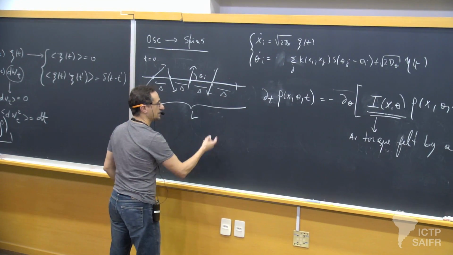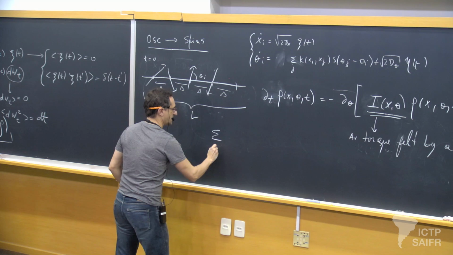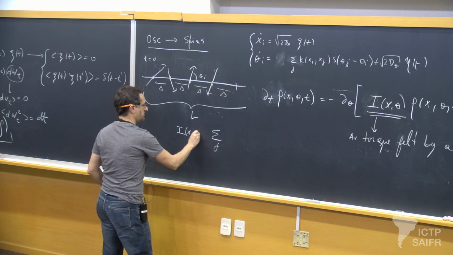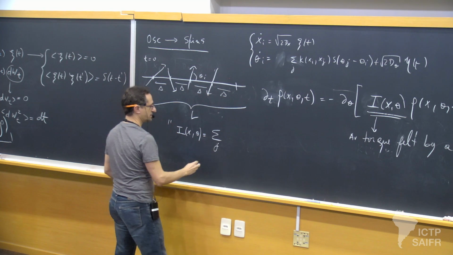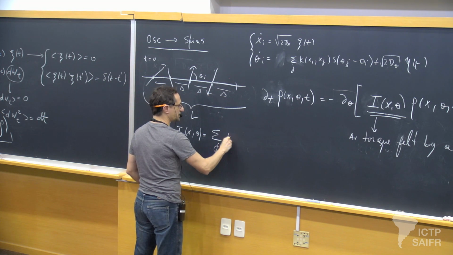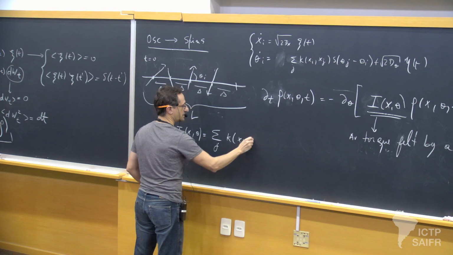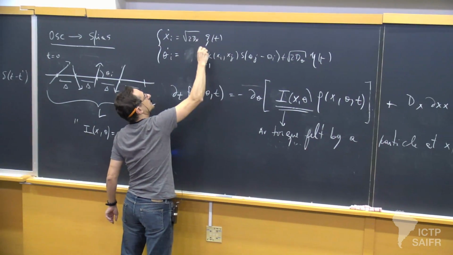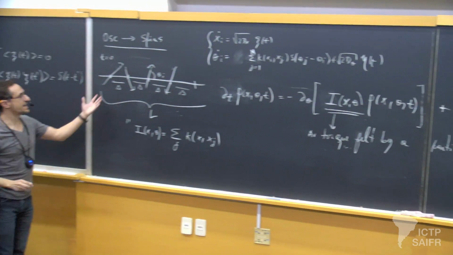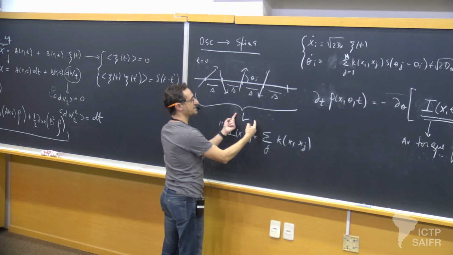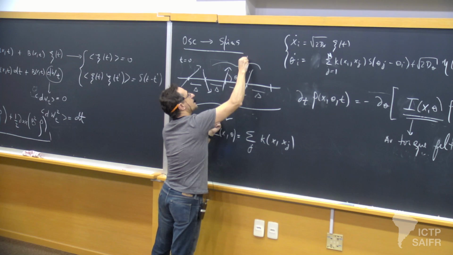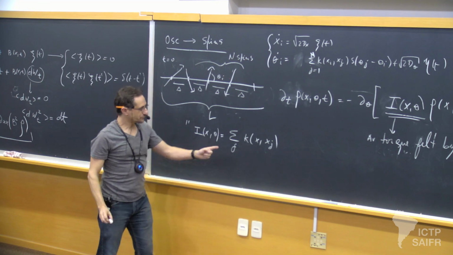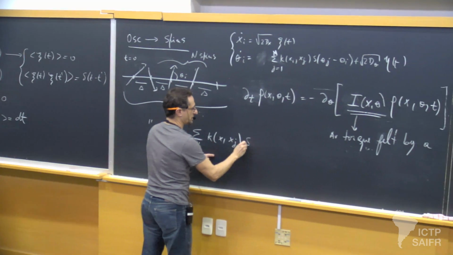So this guy should be, in principle, I would like to do this. Let me write it this way: if I put someone in position x, I have to move around. I have n of these oscillators, so my size is L, and we have n spins or oscillators.